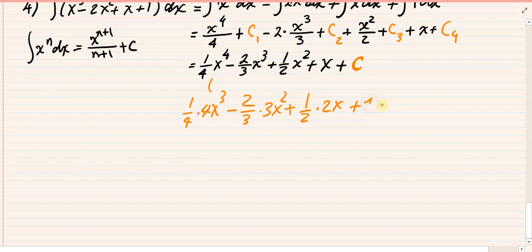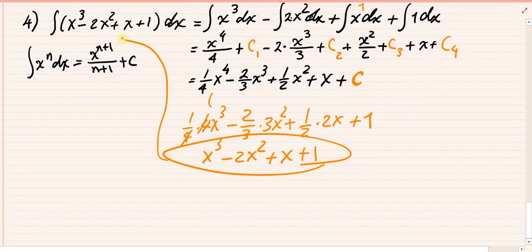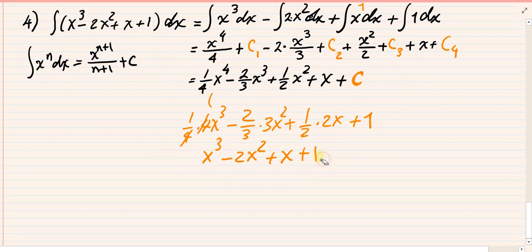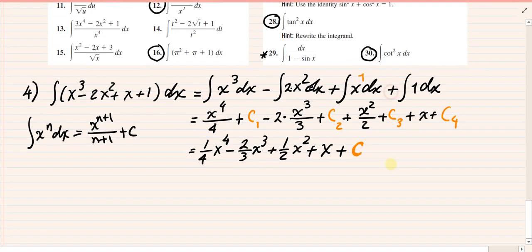The derivative of x is 1, the derivative of a constant is 0. So this is going to be x cubed minus 2x squared plus x plus 1, and that's exactly what the integrand is. See that? So I checked it in this one, but for the future ones I'm not going to check them, just to save some time so the video won't be too lengthy.